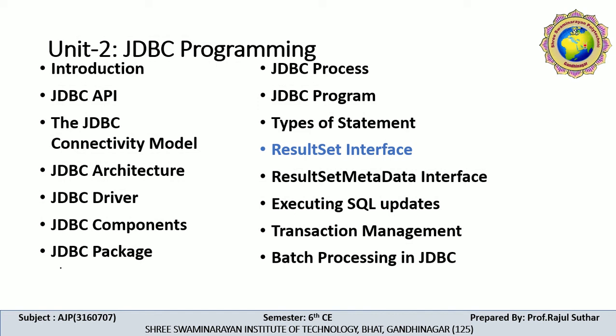There are various methods using which the data can be retrieved using the ResultSet object. The methods can be used with either the column name or the column index. So let me discuss the methods covered in the ResultSet interface.